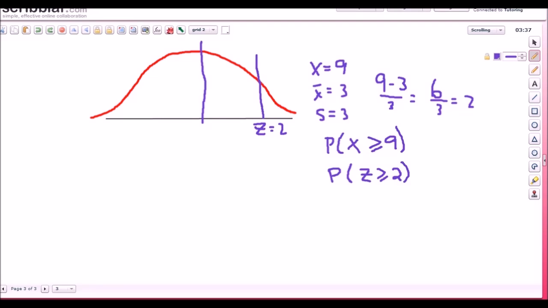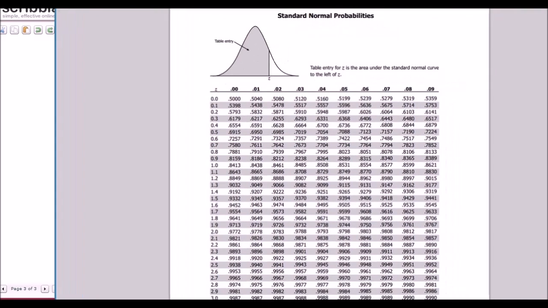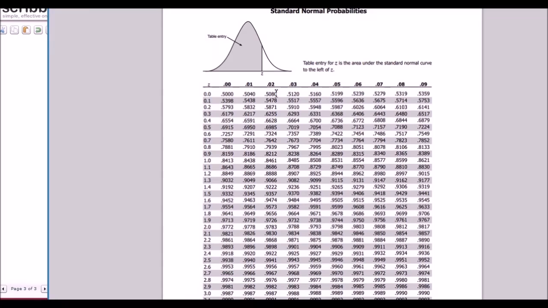These charts, and the TI-83 calculator that I had on the screen prior, and Excel also does this for you, but I'm just showing you where they're drawing the numbers from. So where it's shaded, up to the z value, this table gives you the probability. For example, if you came up with a standard score of 1.